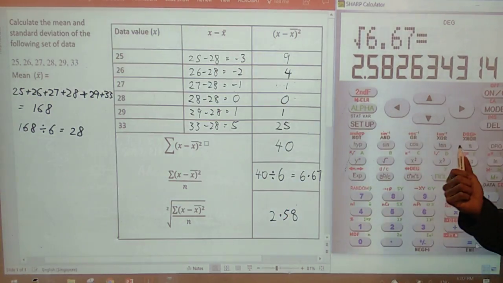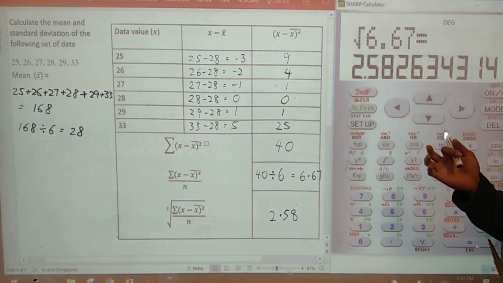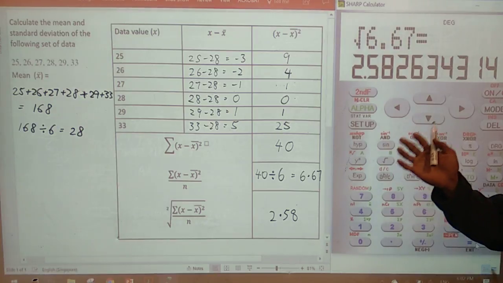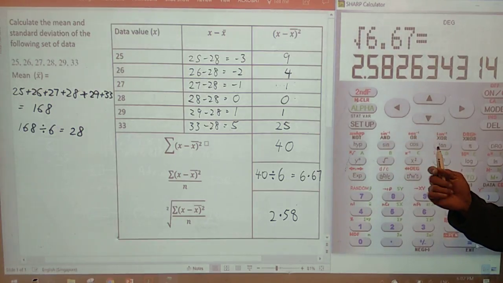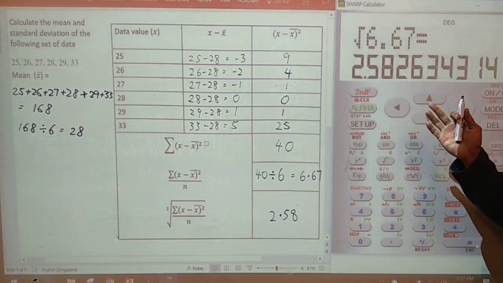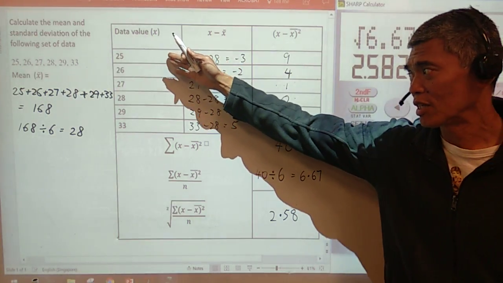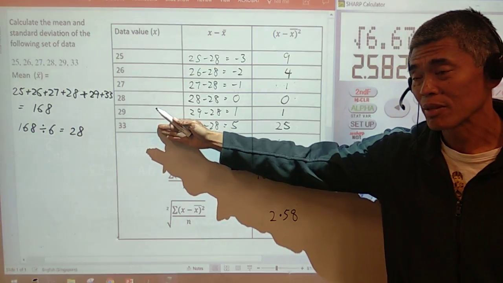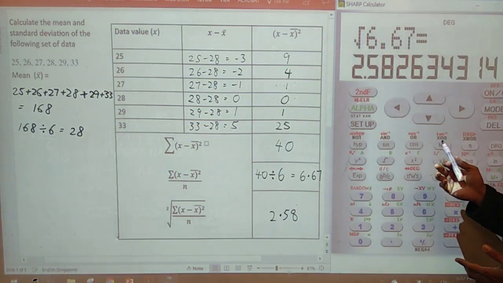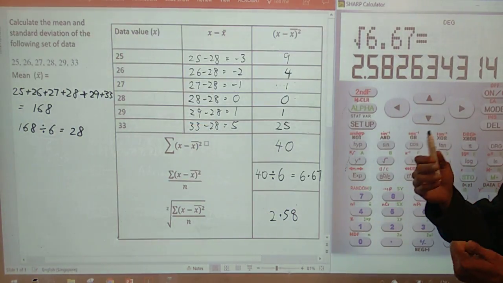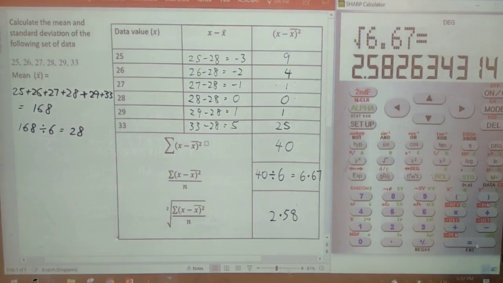Now, there is a quick method of obtaining the standard deviation and the mean using the statistics function on the calculator. You simply key in these values as a data set, and the calculator will instantly work out what the mean and standard deviation is.